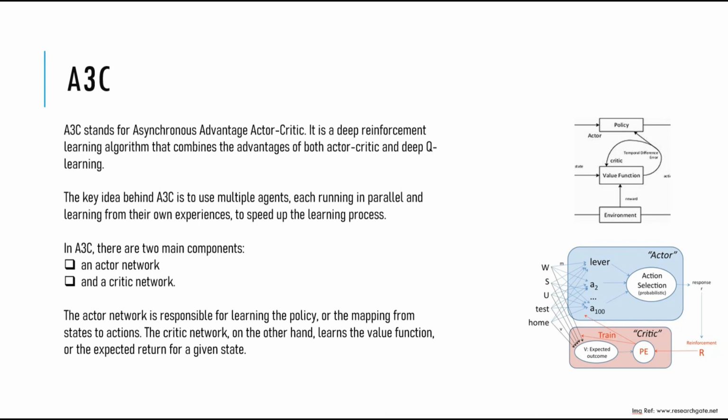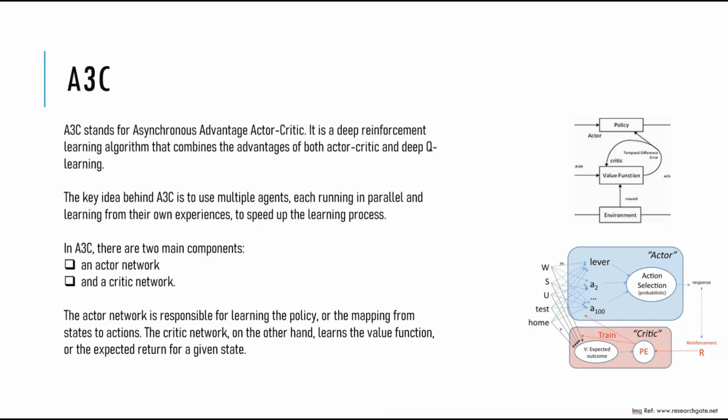This algorithm uses the actor critic architecture, where the actor is responsible for selecting actions based on the current policy, and the critic evaluates the policy, or the state action pairs. The actor network outputs a probability distribution over the action space, and the critic network estimates the value of the current state.